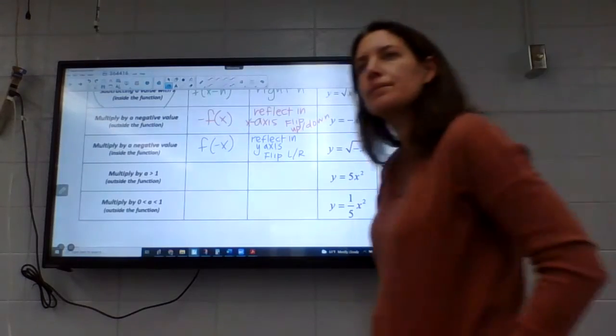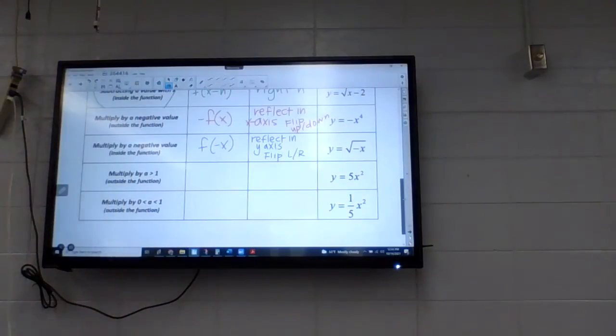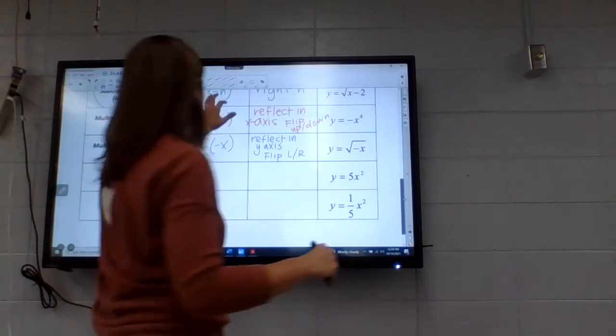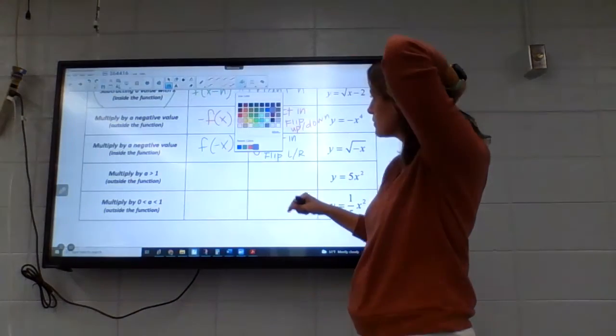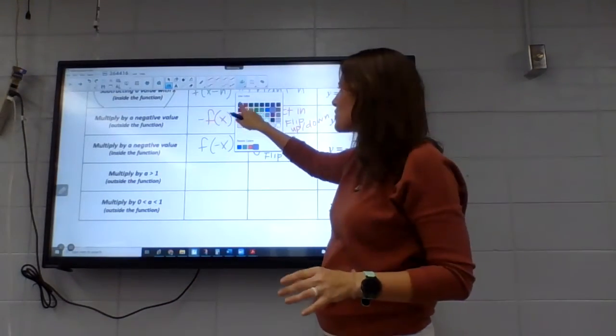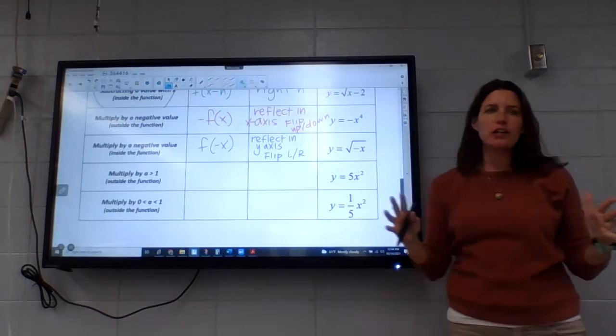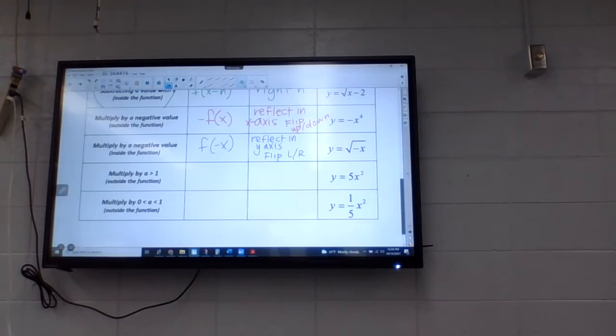How'd you phrase it? For a larger than 1, it's a vertical stretch, but for a between 0 and 1, it's a horizontal stretch. Yeah, they use those words, and sometimes that's confusing. A vertical stretch, think about stretching your arms way up high.